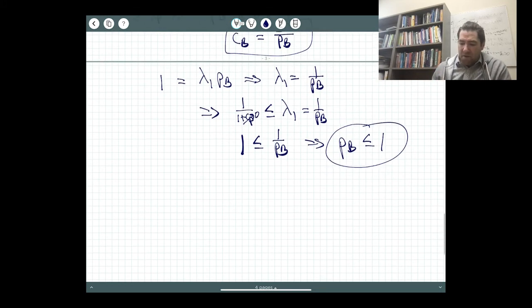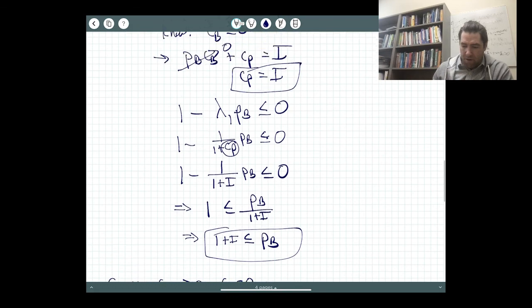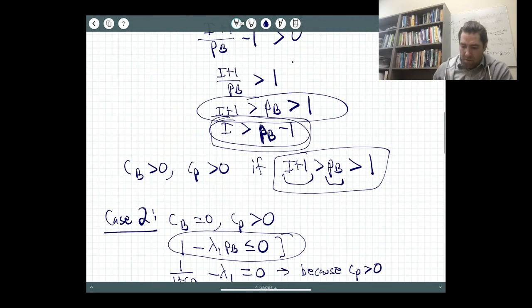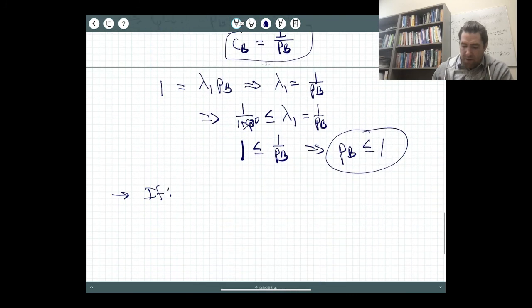So if we summarize these, let's see, what were our exact conditions here? If PB is in this range, I think it was just I plus 1, right? Yeah, that was what we had.